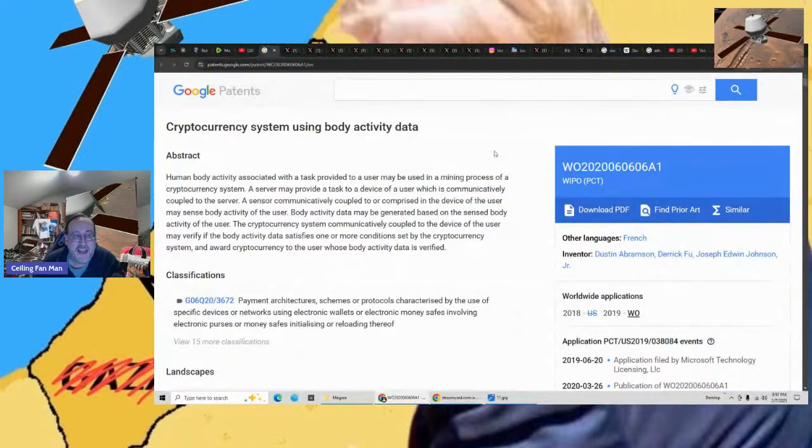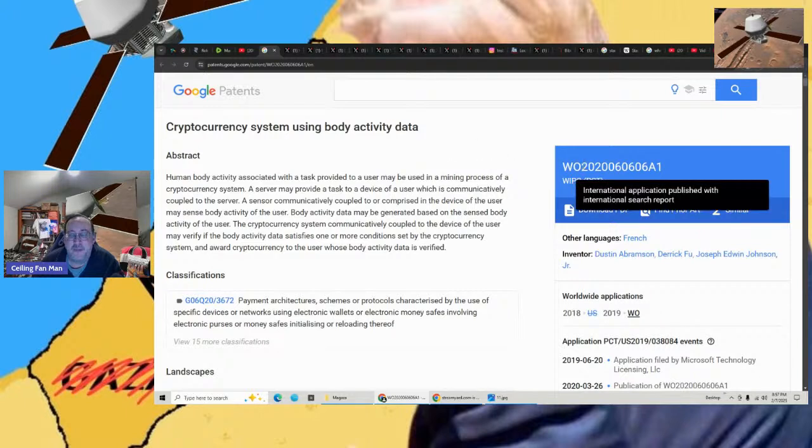And if you're like, oh, he's just making stuff up now, it's ridiculous, let's not forget that the patent for the cryptocurrency system that's basically connected to your body through mRNA technology, most likely, has a patent number of 2020 060606.